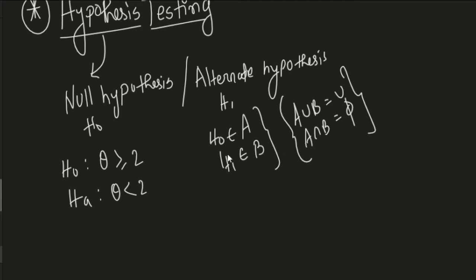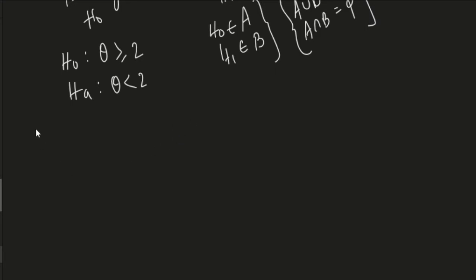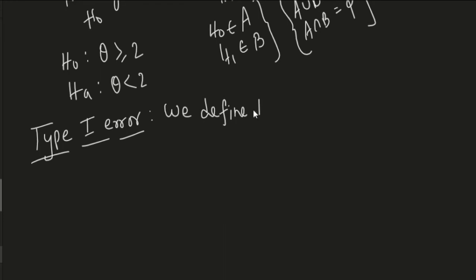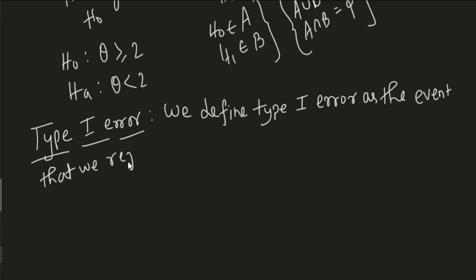Now, that being said, what we can now do is we can understand it from an example, and while also understand the various terms involved, like type 1 error, that we reject h naught when h naught is true.